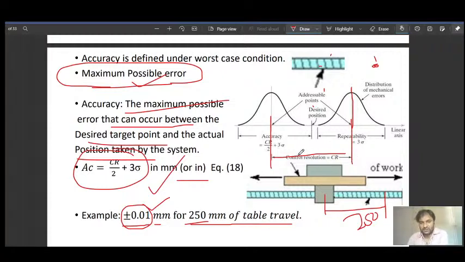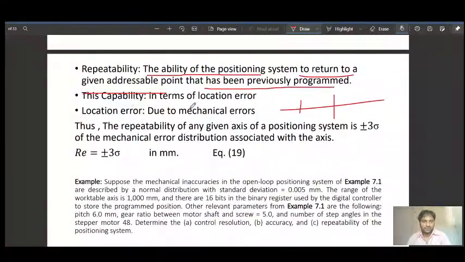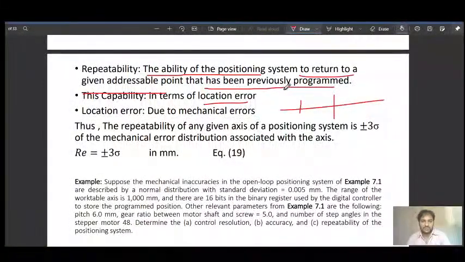Due to these being addressable points, and considering normal distribution, the maximum error difference would be plus minus 3 sigma, and that is our locational error. So repeatability is the ability of the system to return to a given addressable point that has been previously programmed.